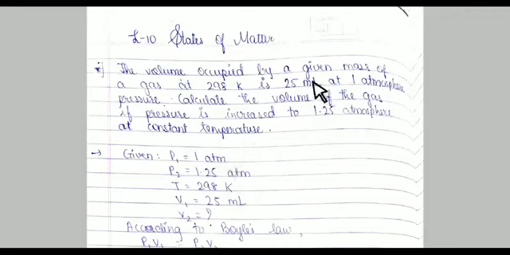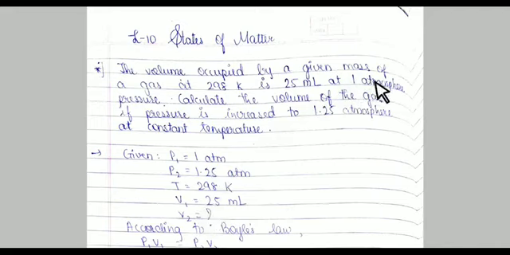Now we have to calculate volume again. One volume is given, another volume we have to calculate. The volume which is given is V1, and the volume which we have to calculate is V2, so V2 is equal to question mark.